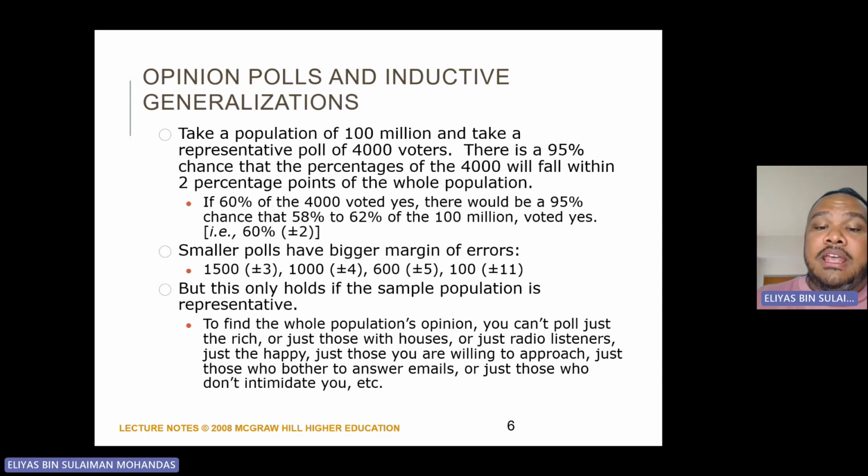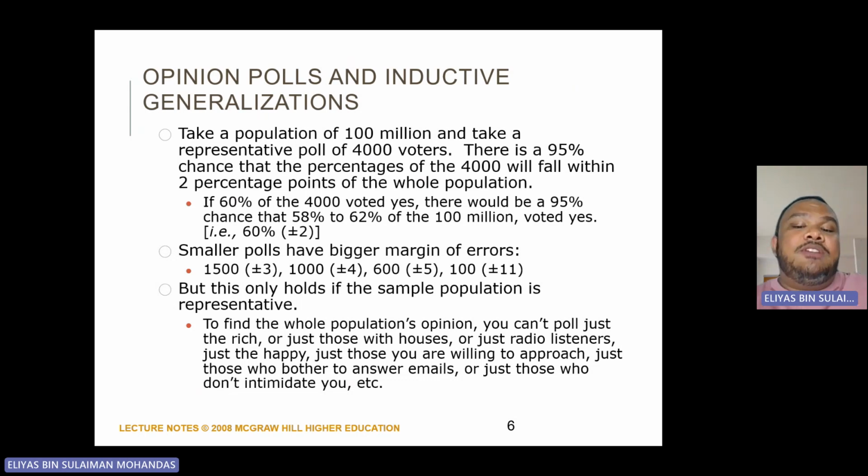The smaller polls have bigger margin of errors. So plus minus 2, we call it margin of errors. The smaller the poll, the bigger the margin of errors. For example, if we were to have 100 people in the population, margin of errors will be plus minus 11. If we have 1,500, then margin of errors will be plus minus 3.